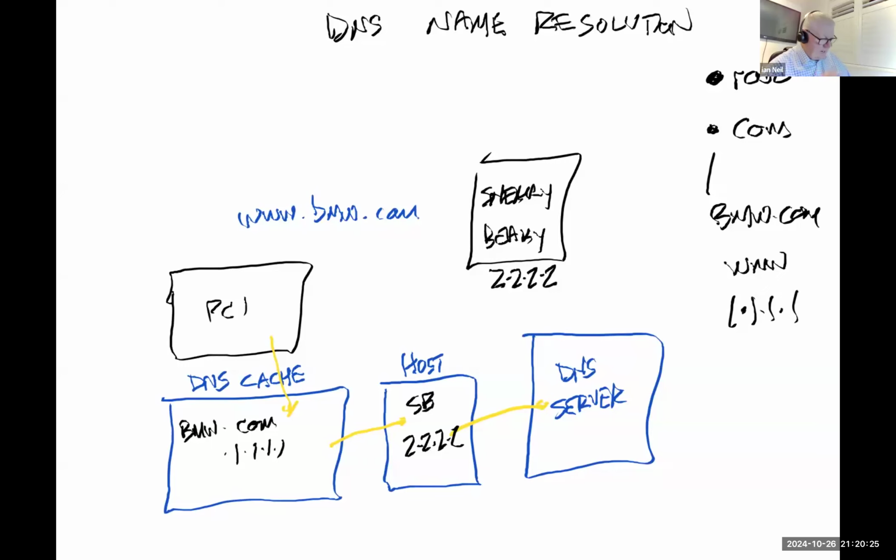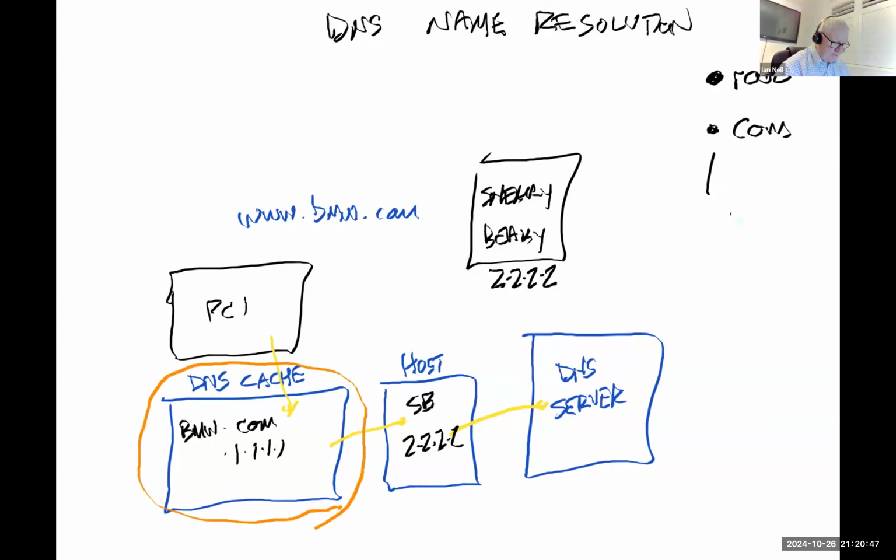But what does the attacker know is always going to be true? When the person on the PC is going to go for name resolution, he's always going to go to the cache. So let's take the rest of this out and see what's going to happen.